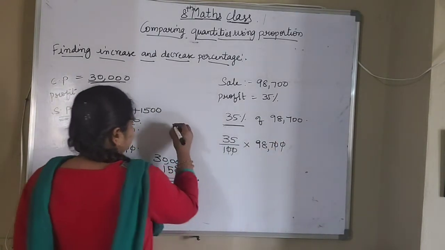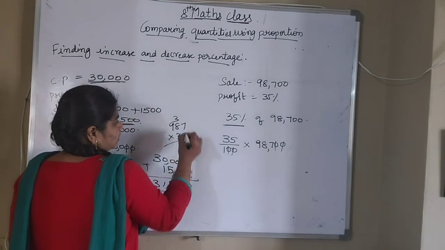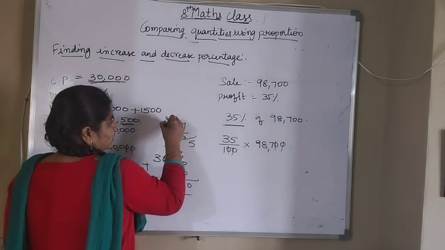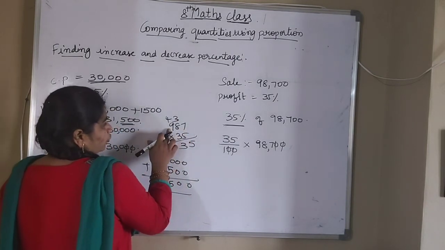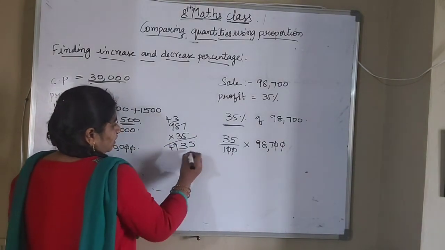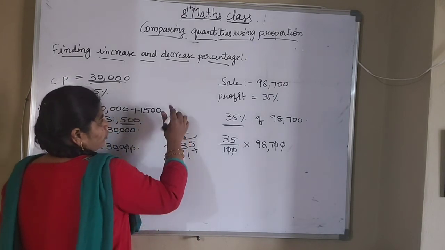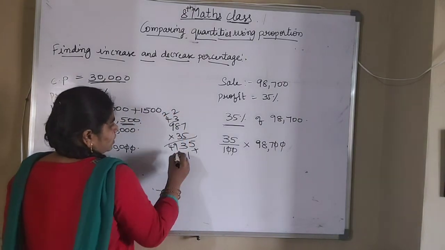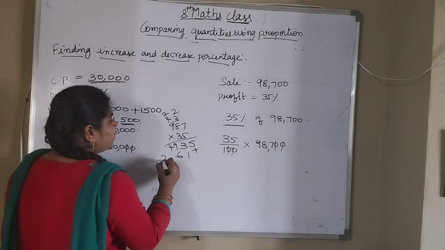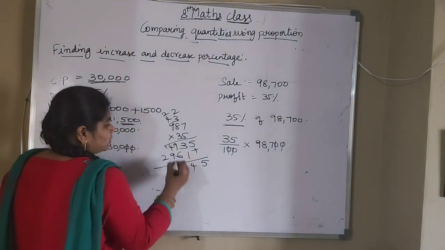Now you multiply these two. 7 5s are 35, 5 8s are 40, 40 plus 3 is 43, 5 9s are 45, 45 plus 4 is 49. Now 3 7s are 21, 3 8s are 24, 24 plus 2 will be 26, 3 9s are 27, 27 plus 2 is 29. So 5, 4, 9 plus 6 is 15.